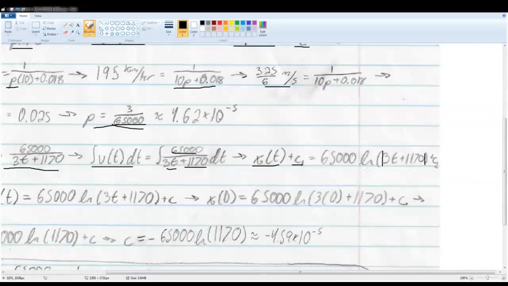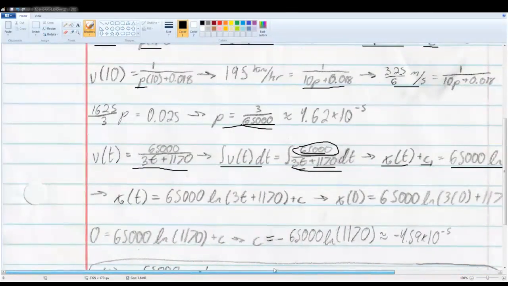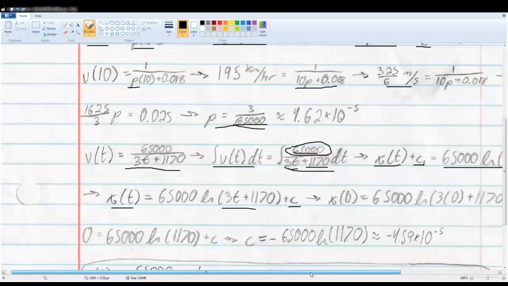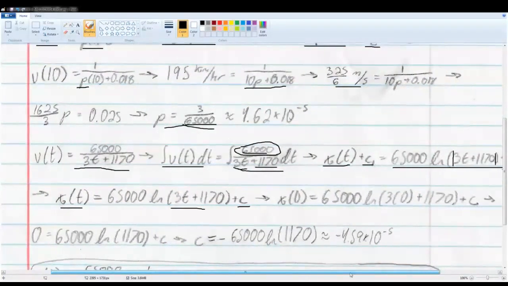And so it's just the log of the whole denominator multiplied by the numerator. And so that's right here. And it is the absolute value. However, time is always positive, so we can basically get rid of the absolute value. And of course, we have the constant. We can convert the constant into just the 1, get rid of the absolute value, and we have our function for position, except we're missing C.